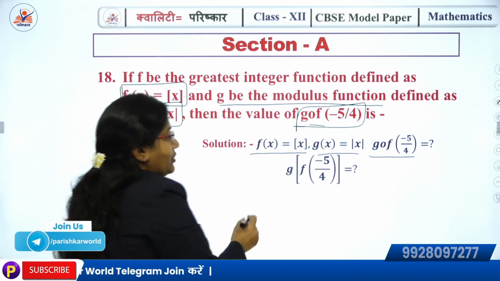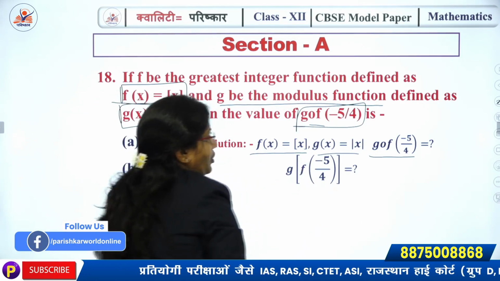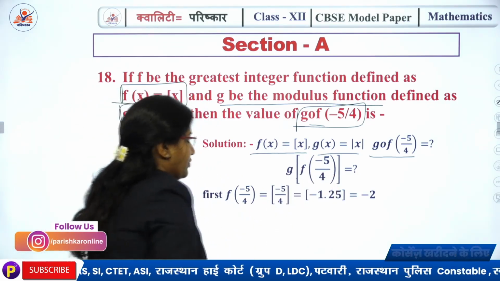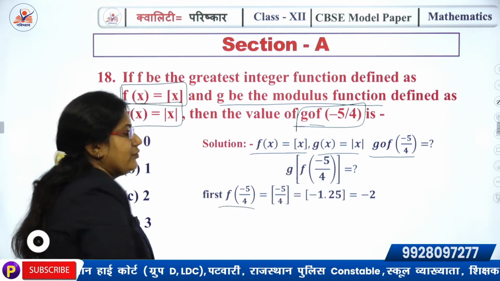That means we have to calculate g of f of minus 5 upon 4. First of all, we will calculate f of minus 5 upon 4.